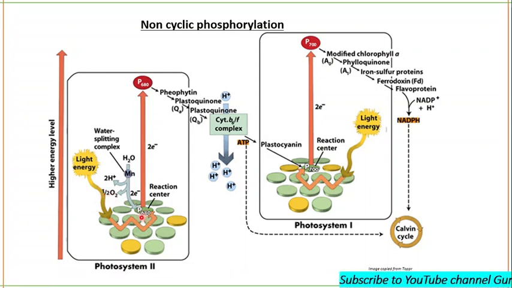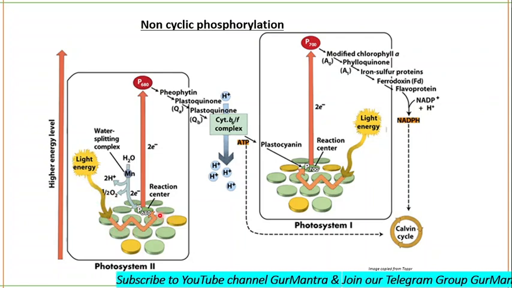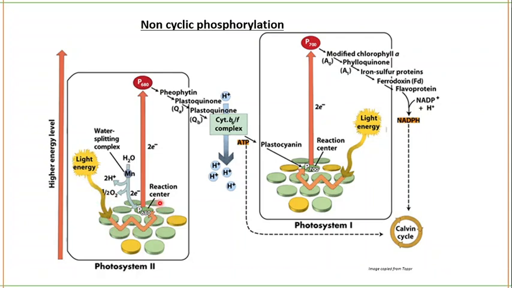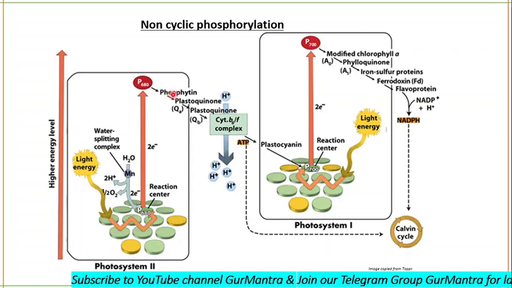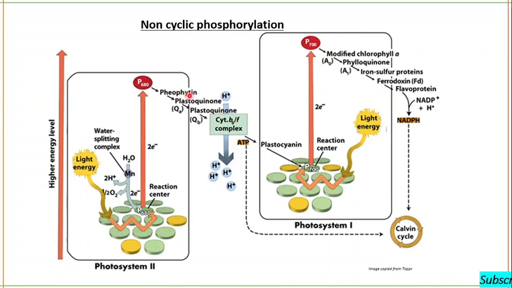Okay, fine. Now see. Light energy will be absorbed by the antenna molecule, and further it will be transferred to the reaction center. The reaction center will be excited, and after excitation it will transfer its electrons to pheophytin.